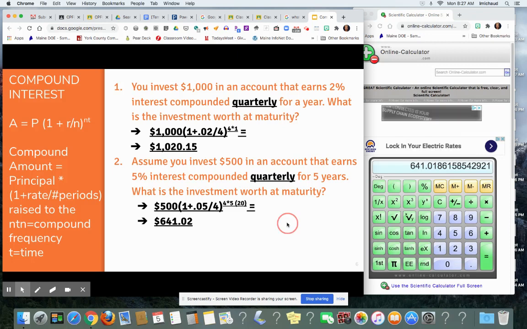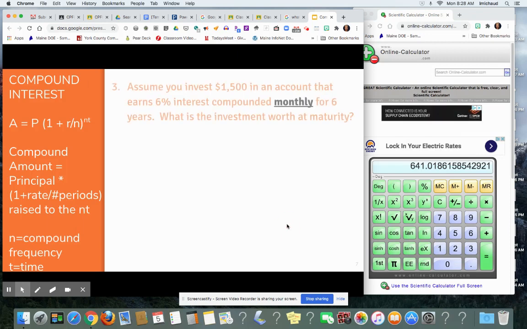Okay, let's try number 3. Assume you invest $1,500 in an account that earns 6% interest compounded monthly for 6 years. What is the investment worth at maturity? Pay special attention to what follows compounded. That is the N. So take some time and try to write out the formula on your sheet now.